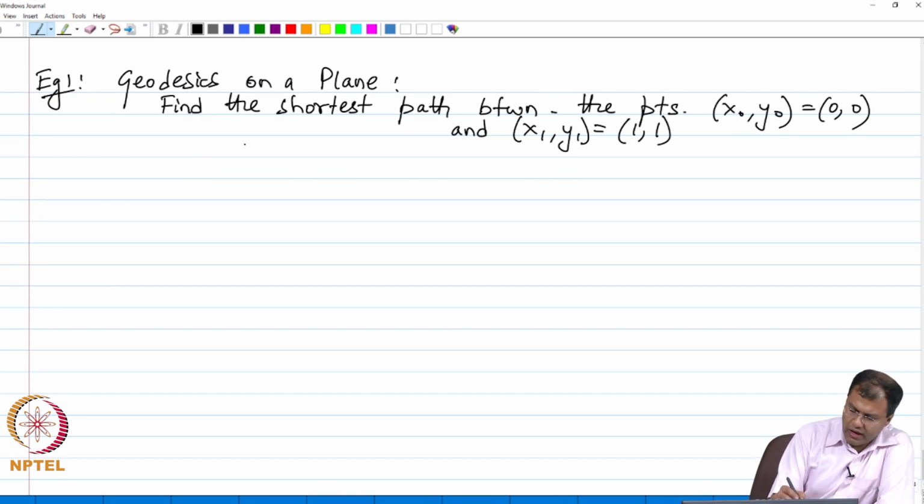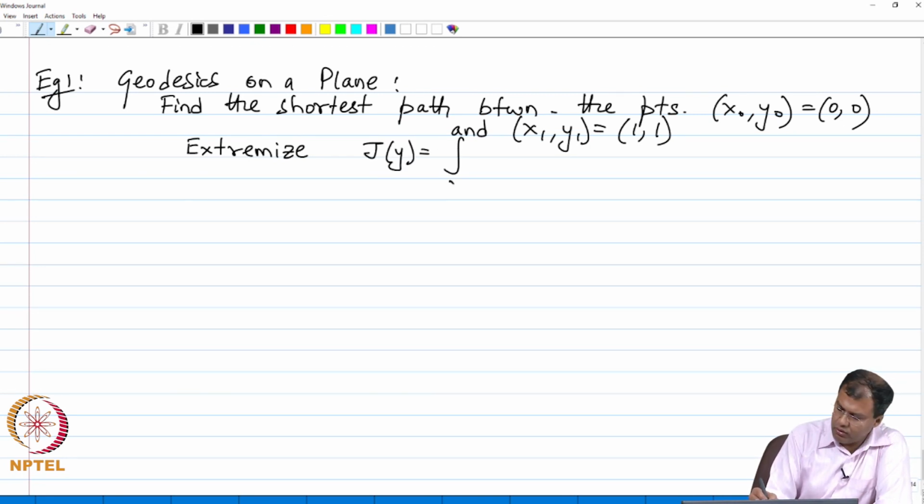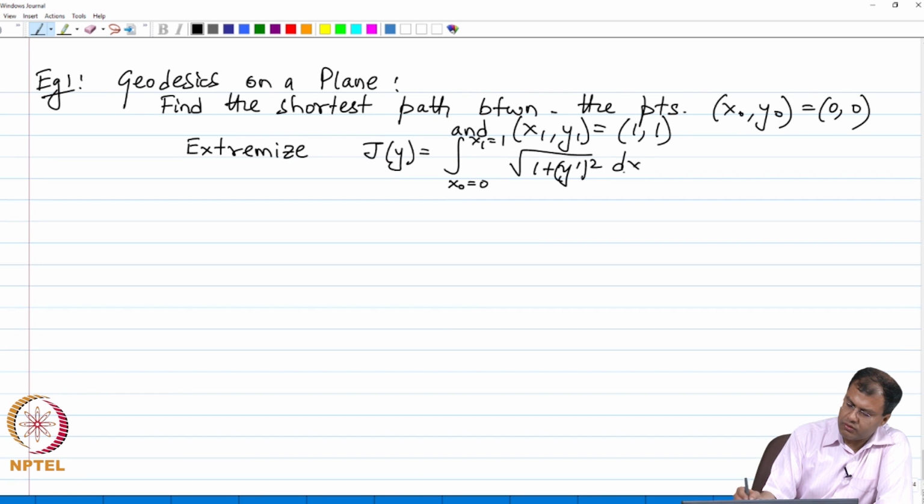So, given these fixed points, we have to extremize J of y, which is the functional from x0, which is 0, to x1, which is 1, of the total arc length of the curve, which is the integral of square root of 1 plus y prime square dx. So, this is my arc length functional.